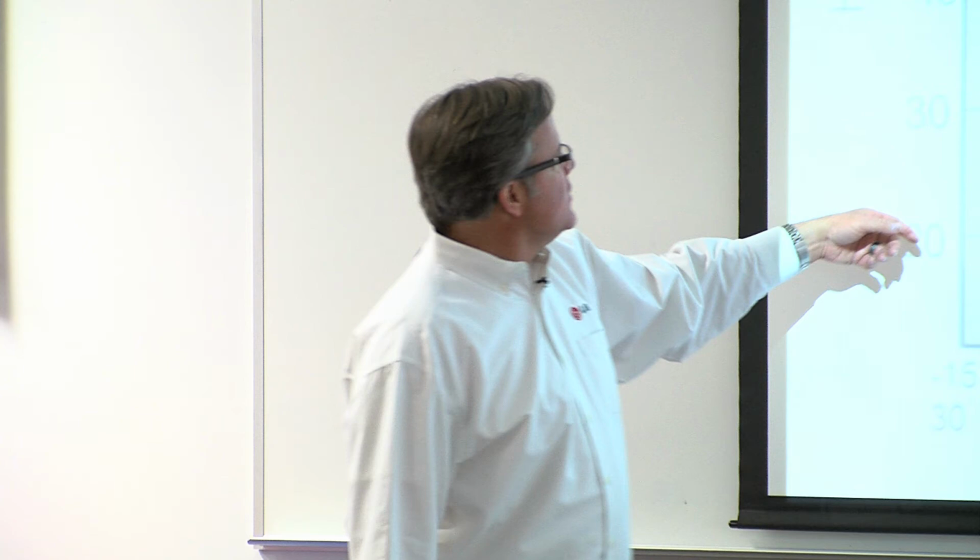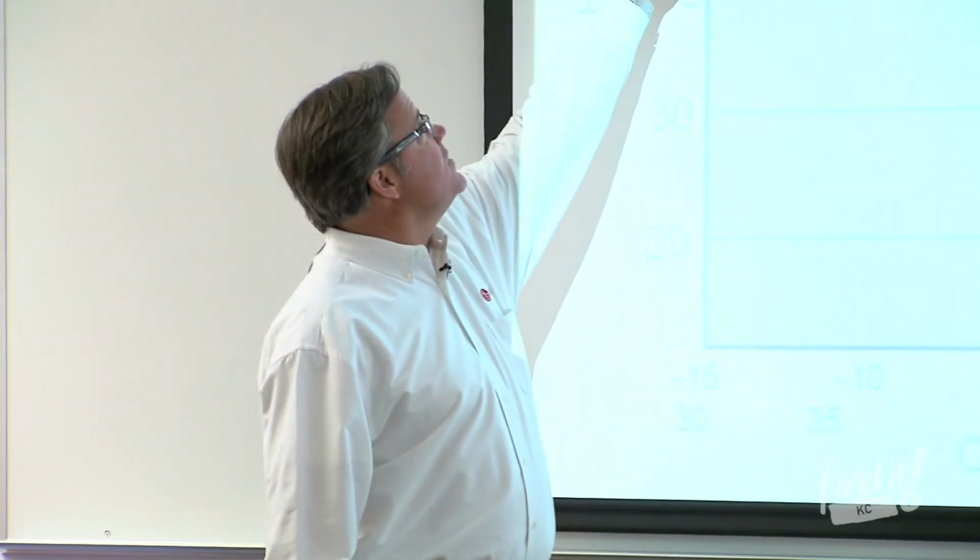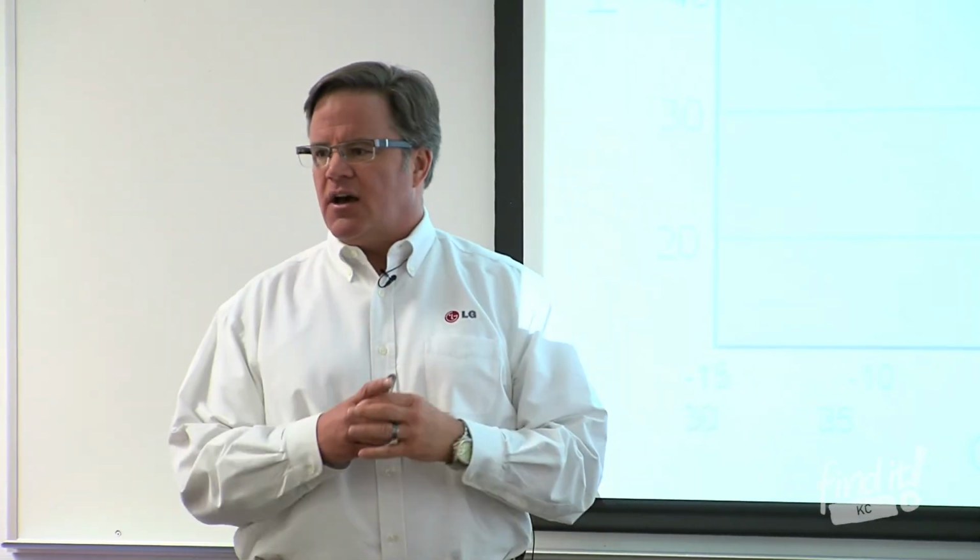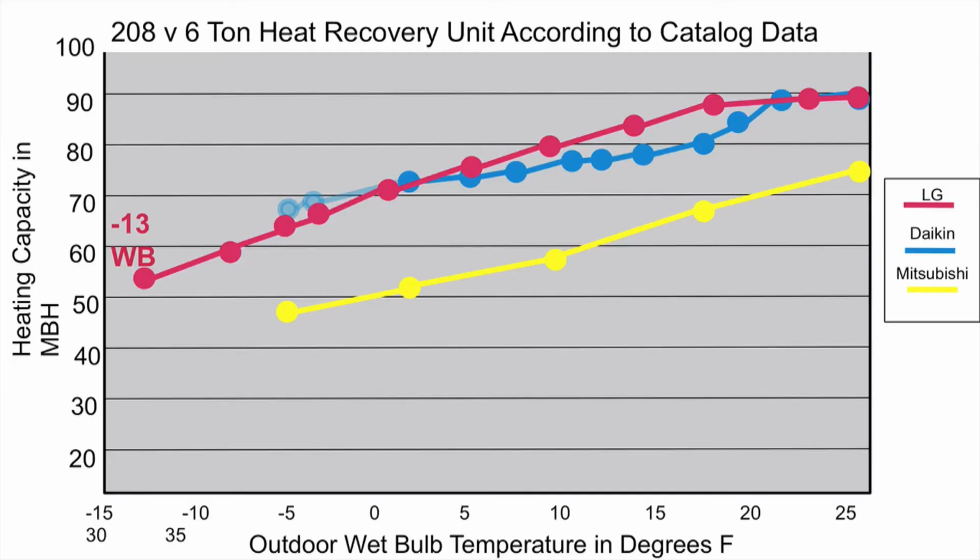Now, for those of you that don't know, a 6-ton unit is 72 MBH worth of heating. So 72 right here, that line, is how much a 6-ton unit should be able to give you.